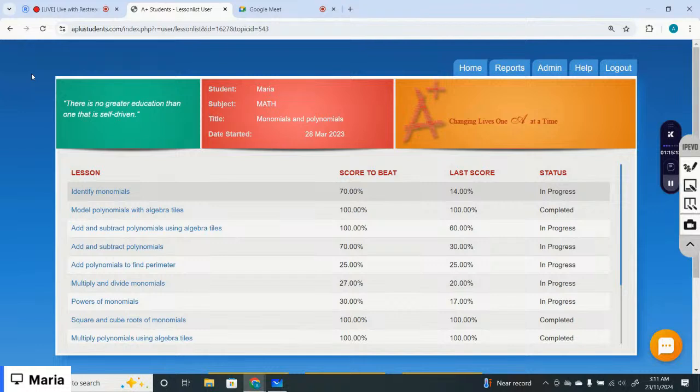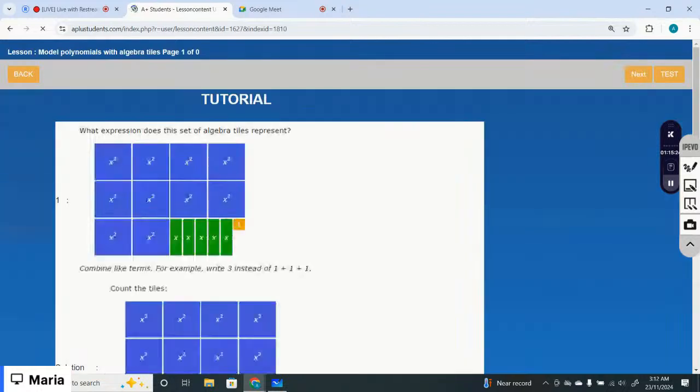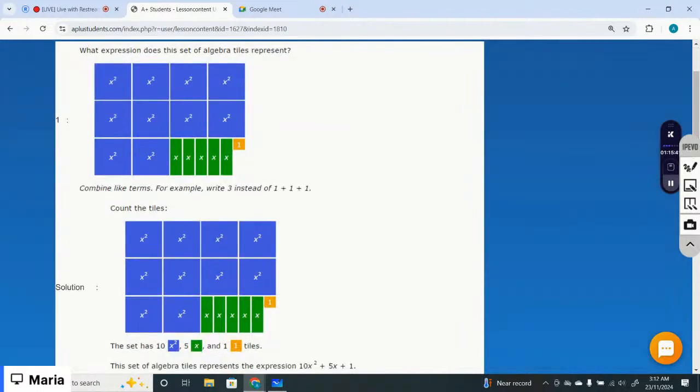Okay, the next lesson is model monomials with algebra tiles. Let's just start with the next lesson. What expression does this set of algebra tiles represent?